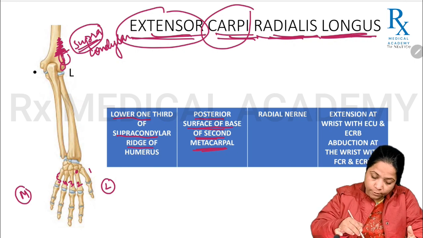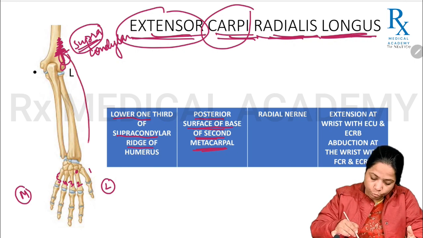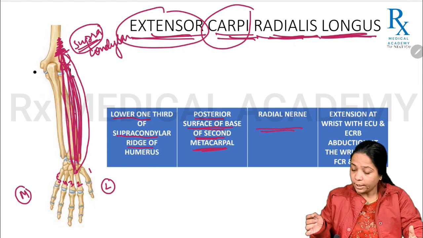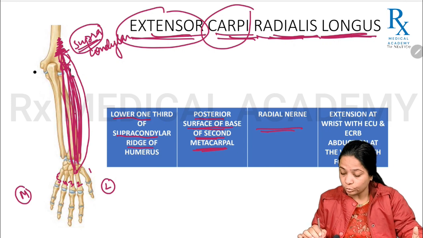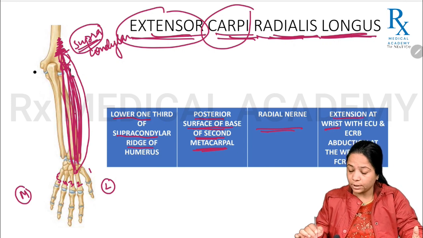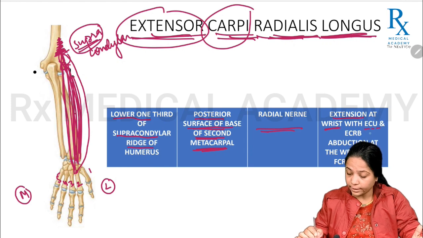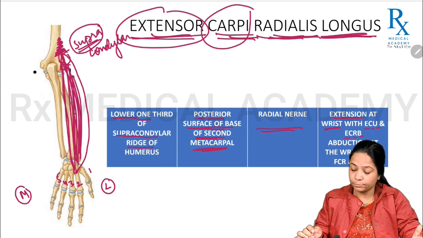So this muscle, after arising from the lower part of the supracondylar ridge, is going to insert onto the base of the second metacarpal. The nerve supply of this muscle is again the radial nerve, and the function of this muscle is to produce extension of the wrist, which is aided by the extensor carpi ulnaris and extensor carpi radialis brevis muscle.